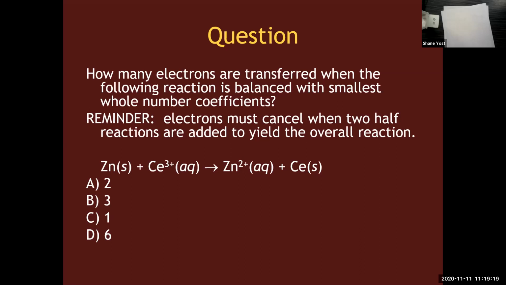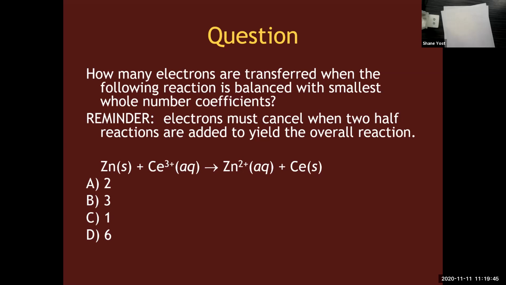So 1 here, the other 3. In the half reaction for zinc, I am producing 2 electrons. In the half reaction for cesium, I am consuming 3 electrons.